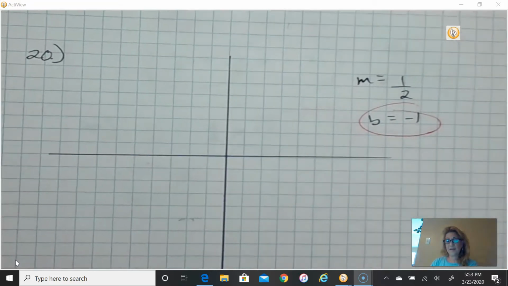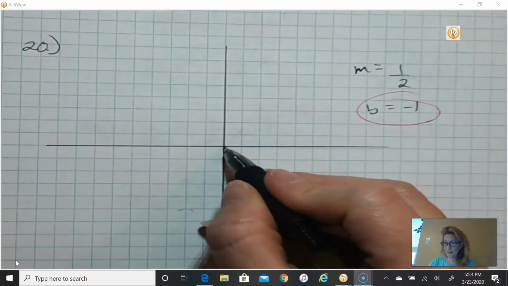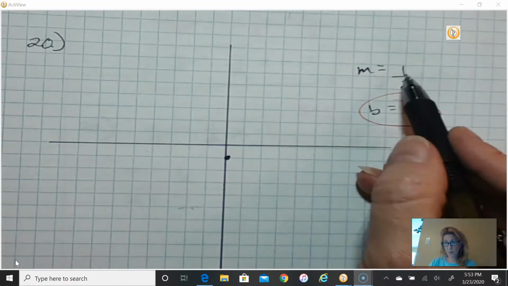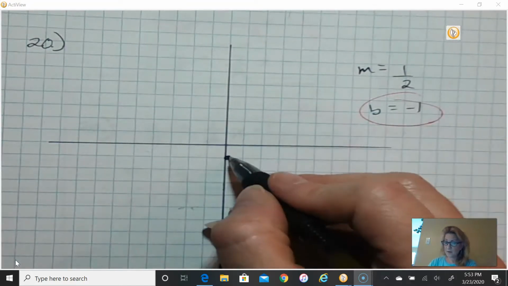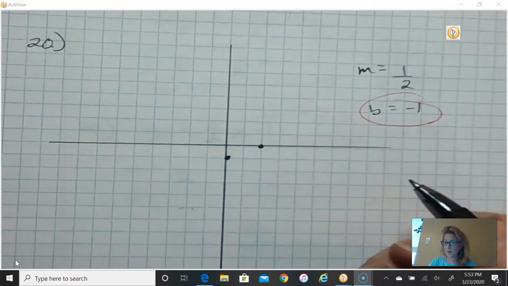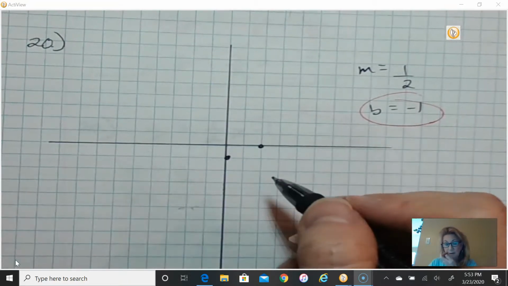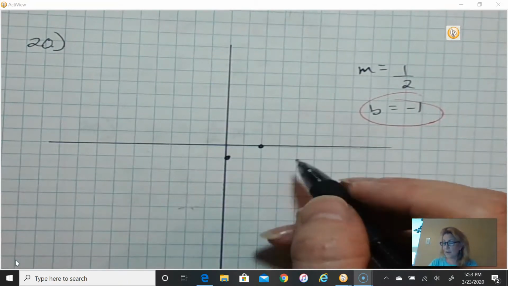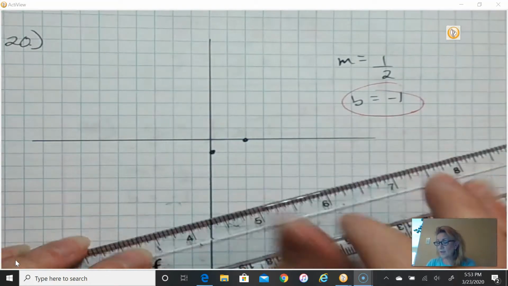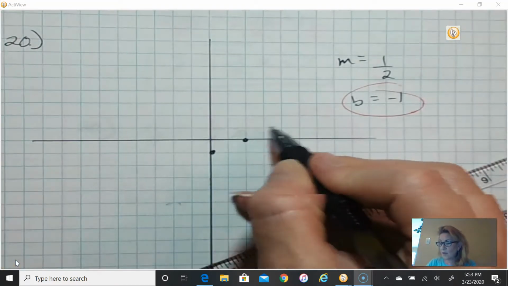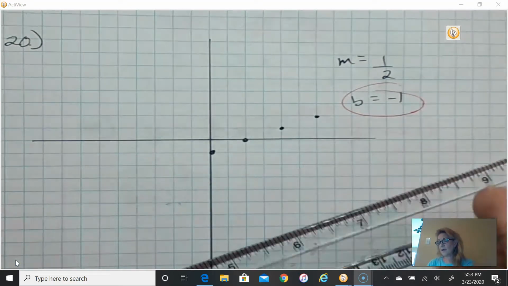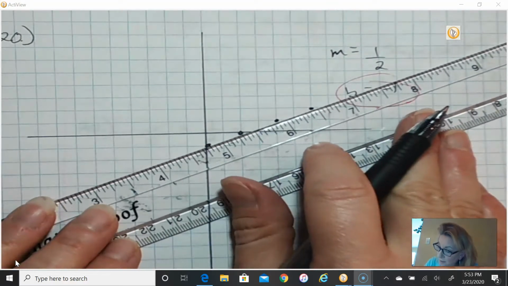Excuse me, your y-intercept, -1. Here's -1. Put your dot there. Your slope is 1/2. So you go up 1, it's positive, and over 2, it's positive. Remember, if it's negative, you go down or to the left. So now you connect dots. You could even keep going, 1/2, 1/2, and you have a more precise line.